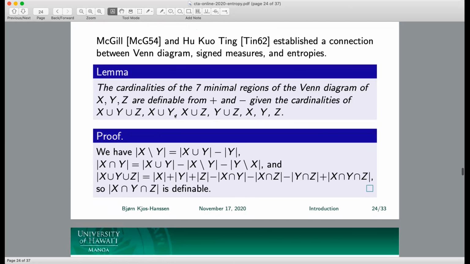The basic observation is this: if you have the Venn diagram generated by 3 sets, and you have the 7 minimal regions, the ones that cannot be broken up as unions, then their cardinalities can be defined from just the positive information of the cardinalities of the various unions.